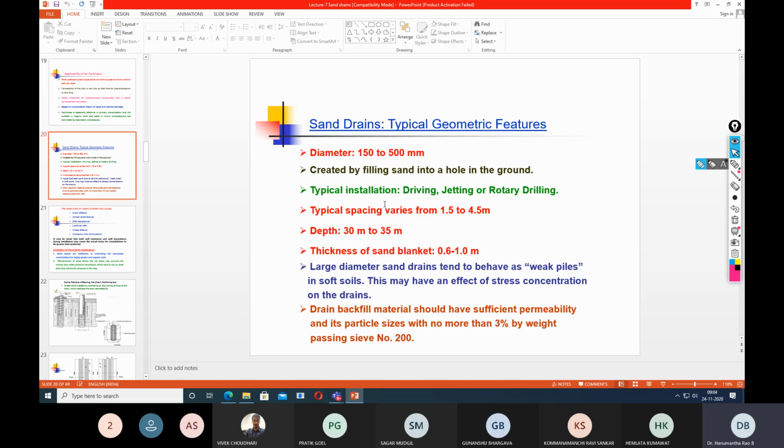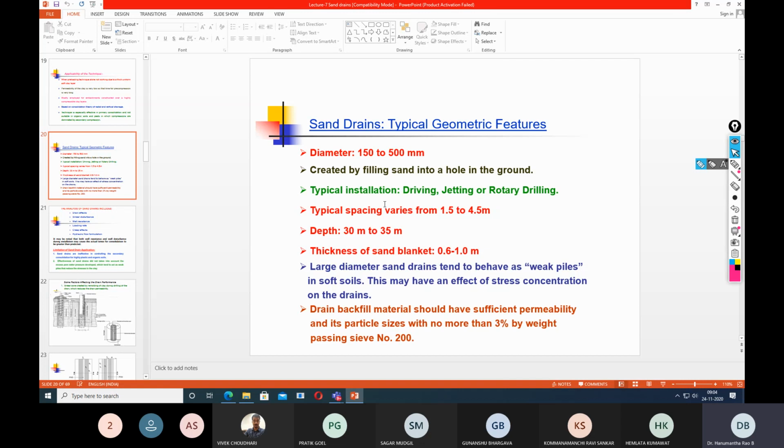Now, when you fill sand into the clay material, there is a contrast in the permeability value between the native soil and the sand that has been filled. This contrast in permeability creates a gradient and thereby accelerates the consolidation process.